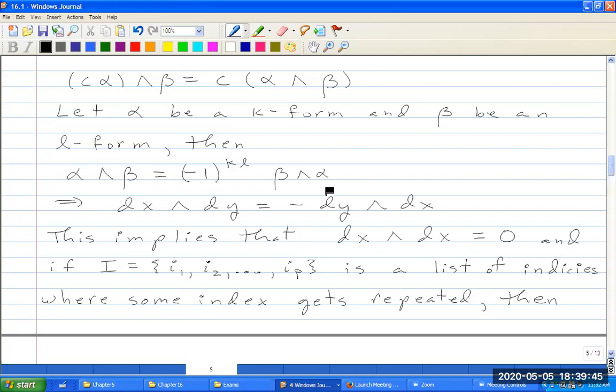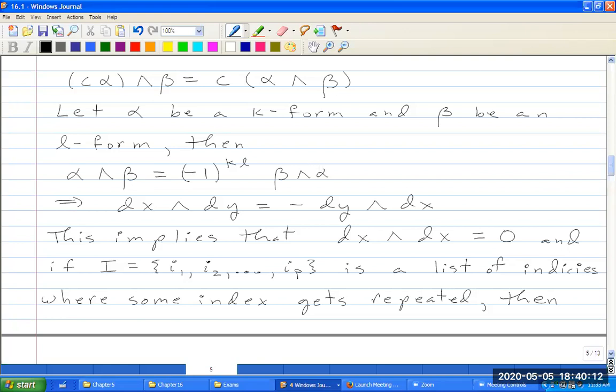Everything works, but be careful with changing the order with the wedge product. You have to multiply by (-1) to the product of the degrees of these differential forms.